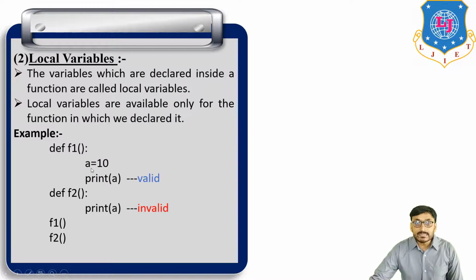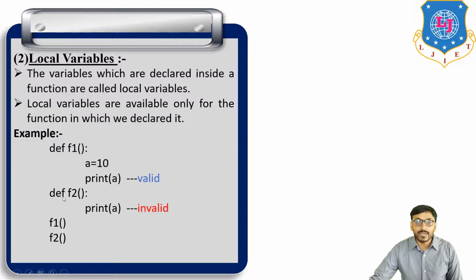So this a is equal to 10 is a local variable, and this variable is used by the function in which we declare it. It is not used by any other function. So if we print a, then we get 10.